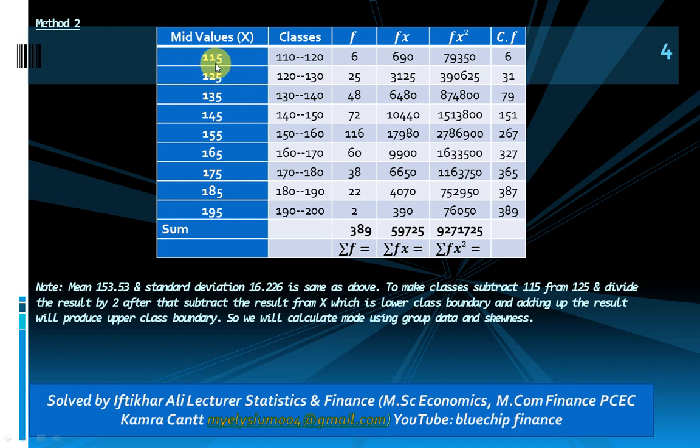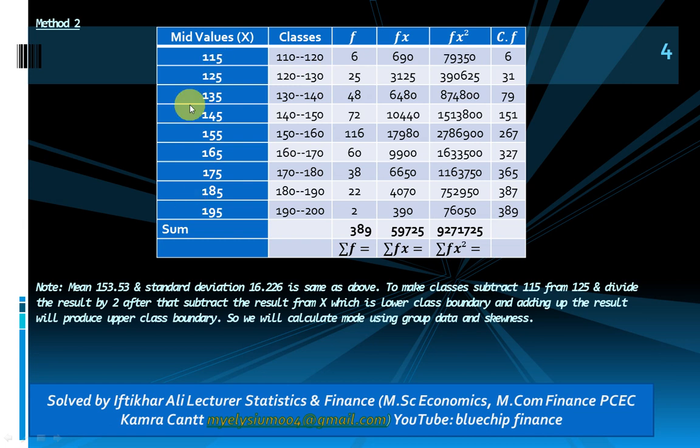So subtract 5 from this class mark, and that will be your lower class boundary, and add 5 to this class mark, and that will be your upper class boundary. A similar method can be applied to all these x values: subtract h by 2 from the class mark for the lower boundary, and add h by 2 for the upper class boundary.